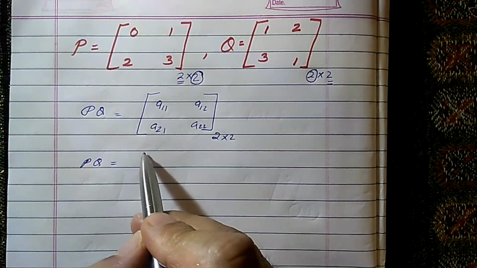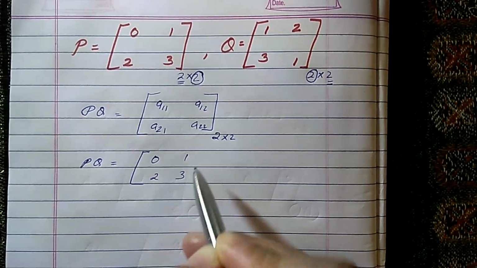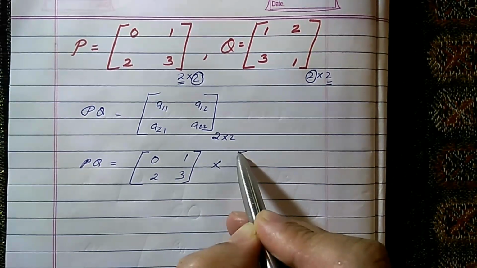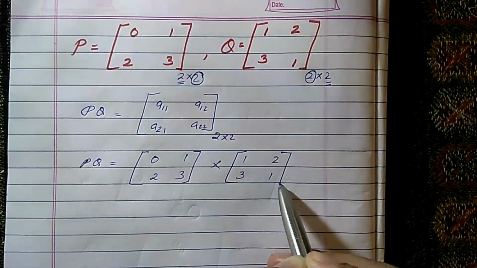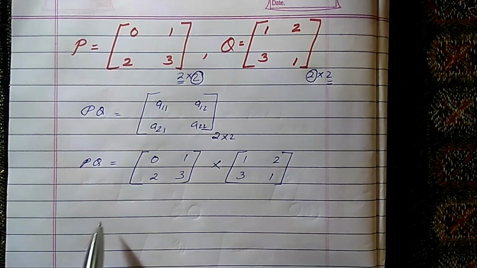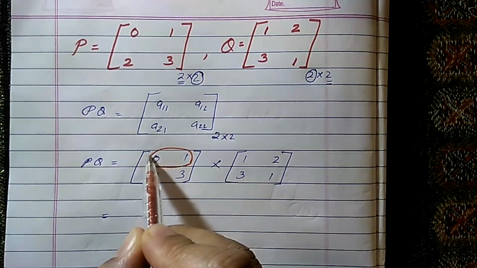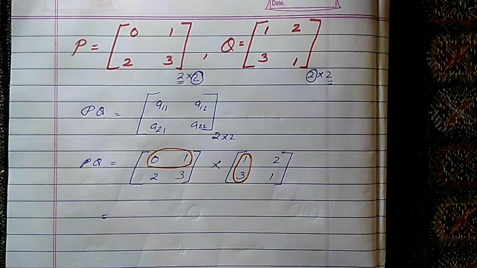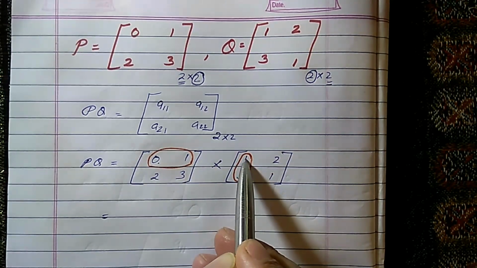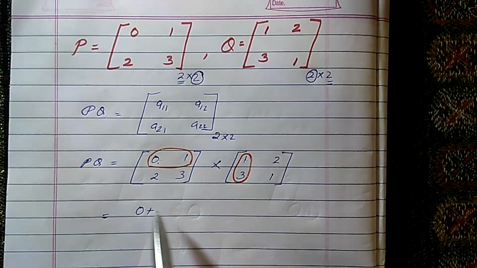PQ is equal to, first we will write down the matrices 0, 1, 2, 3 multiplied by 1, 2, 3, 1. So what is the first thing that we do? We first find out the elements like this. The first row is going to multiply with the first column to get the first element. So 0 into 1 is 0 plus 1 into 3 is 3.